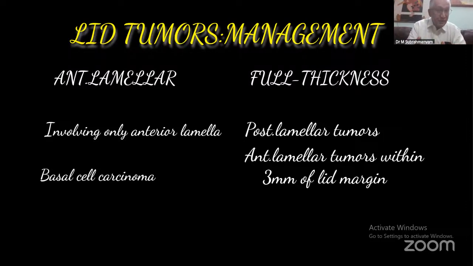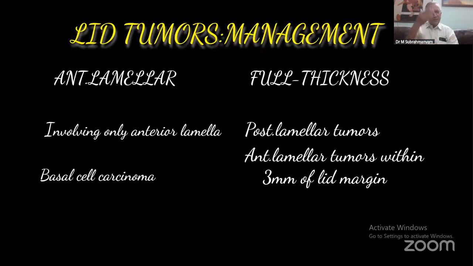If it is larger, we can go for full thickness skin grafts: post-auricular, pre-auricular, or supraclavicular. If it is even much bigger, you may go for full thickness or partial thickness grafts from the inner aspect of the upper arm or inner aspect of the thigh.